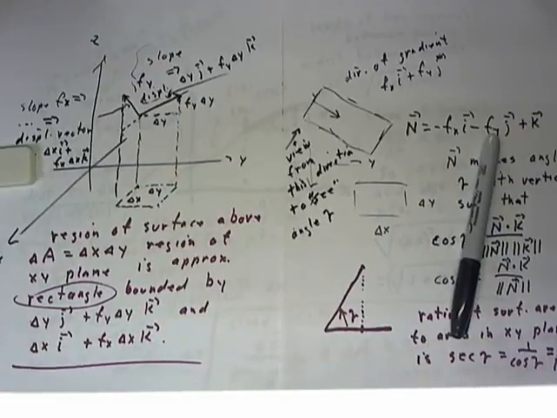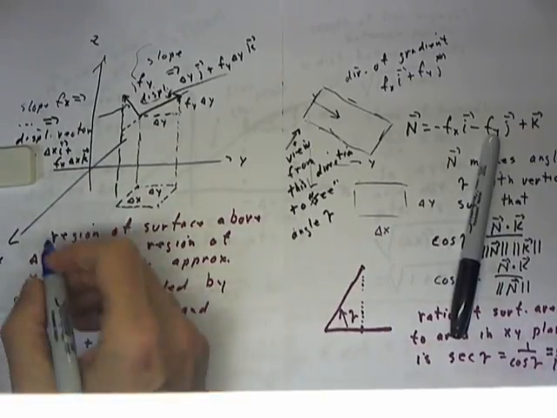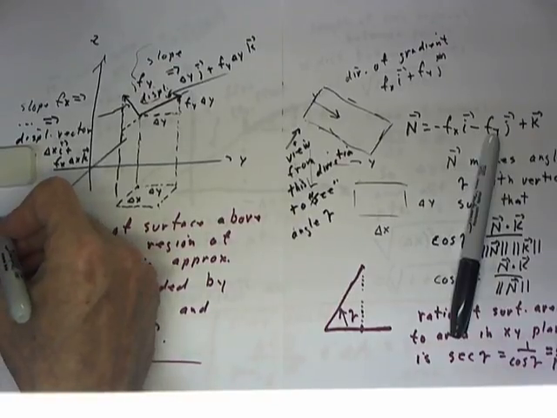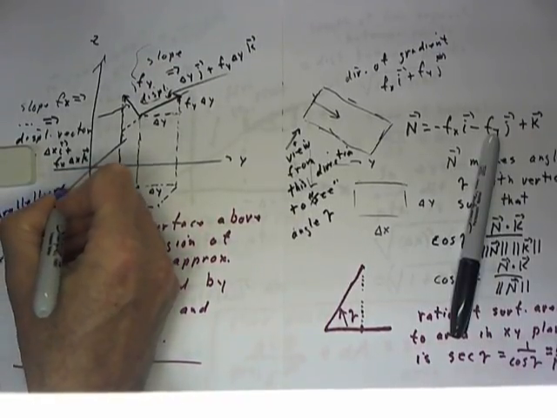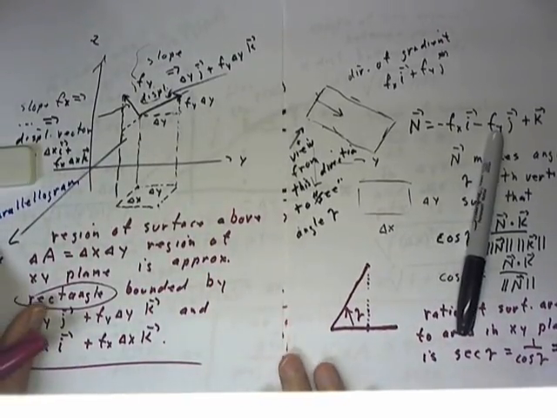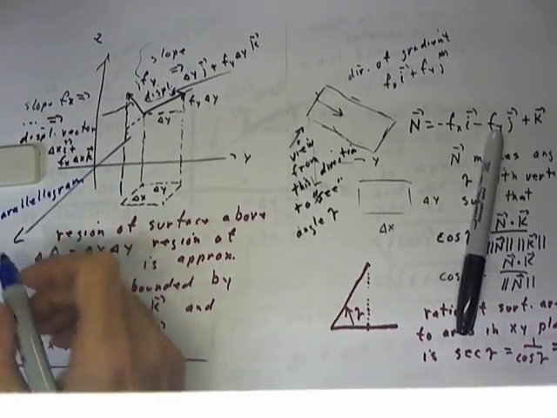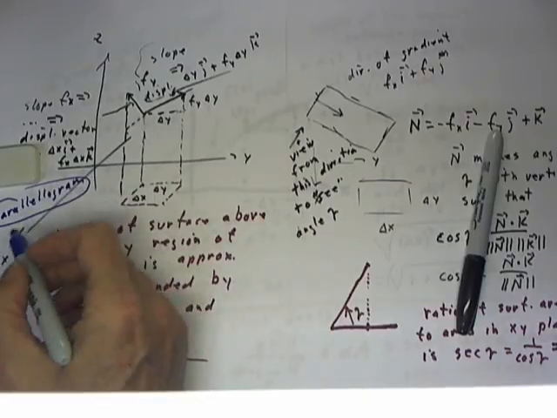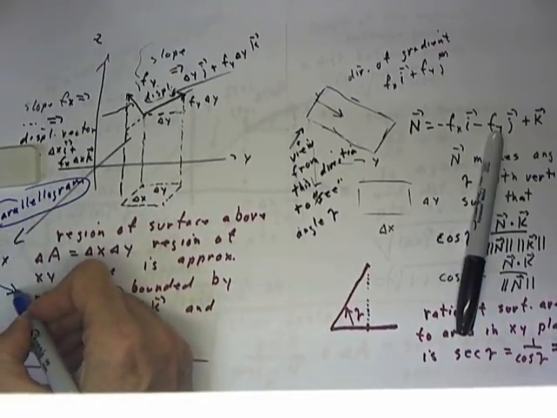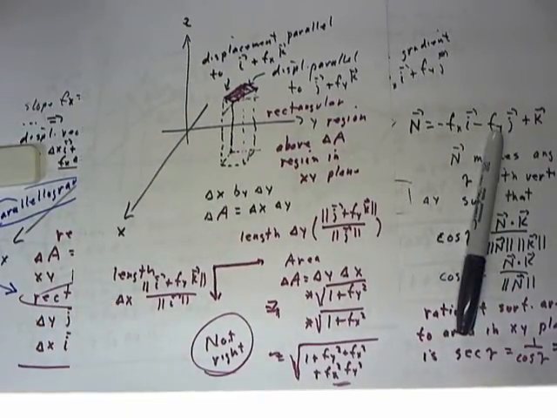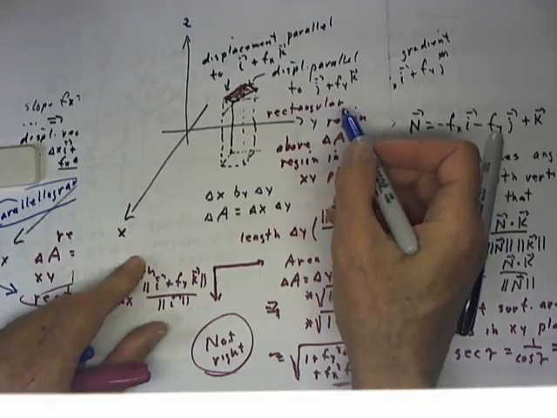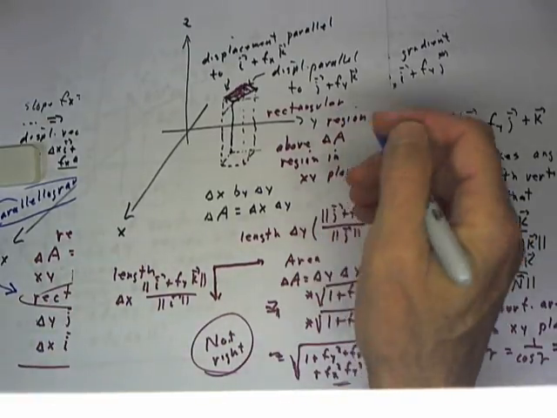The region will be a parallelogram, so I can work in the word parallelogram here. This region should be a parallelogram, and my assumption in the previous that this is rectangular is incorrect.